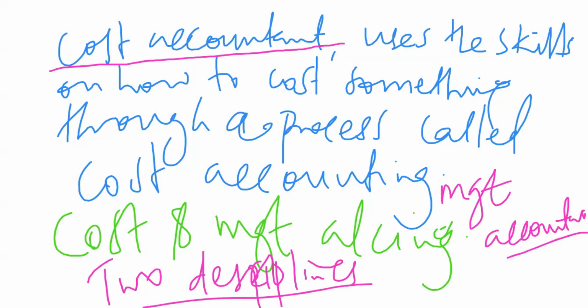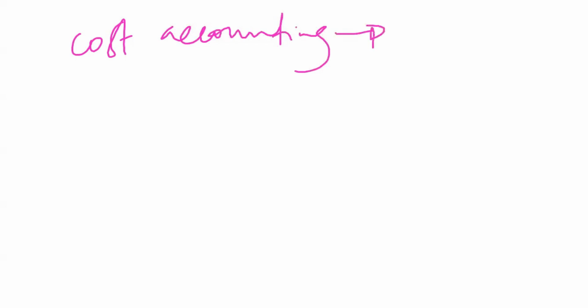Because for you, you just use the skill to cost what we are doing. But there are people who are going to use your information. So the management accountant is going to be using your information. Therefore, we are saying that the discipline of cost accounting, and a person, here we call that person cost accountant.